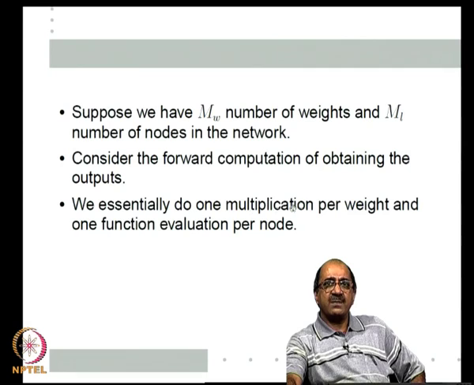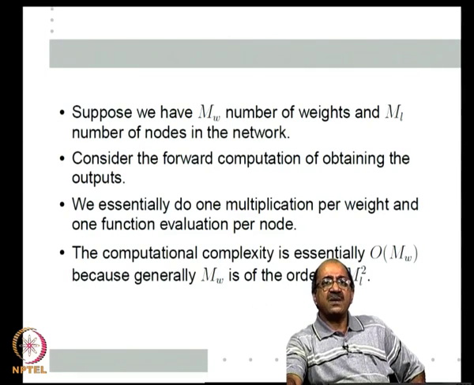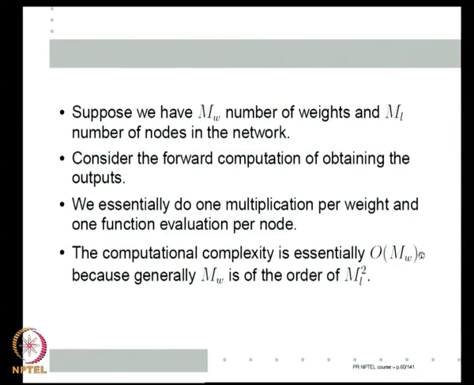So, we do one multiplication per weight, one function evaluation per node. So, the total computational complexity is MW multiplications plus K times ML. It is an order notation, so K does not matter, but often MW is of the order of ML square, because a weight connects every pair of nodes.